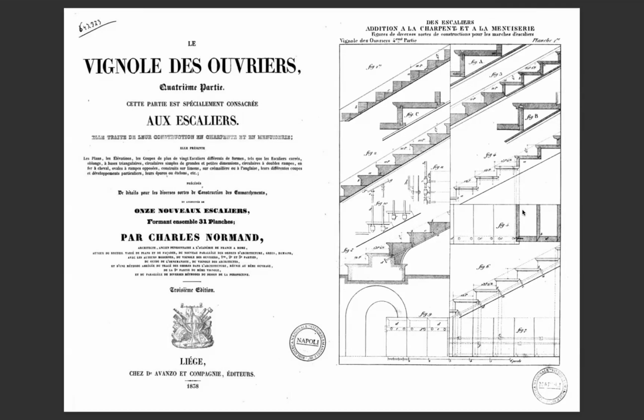One of his works, which I like the name of because it tells you everything about the book, is Le Vignole des Ouvriers, which means the Vignola of the working man. It's divided in several volumes, starting with orders, then construction, then many elements, and one of them is dedicated to staircases. So very interesting as well.